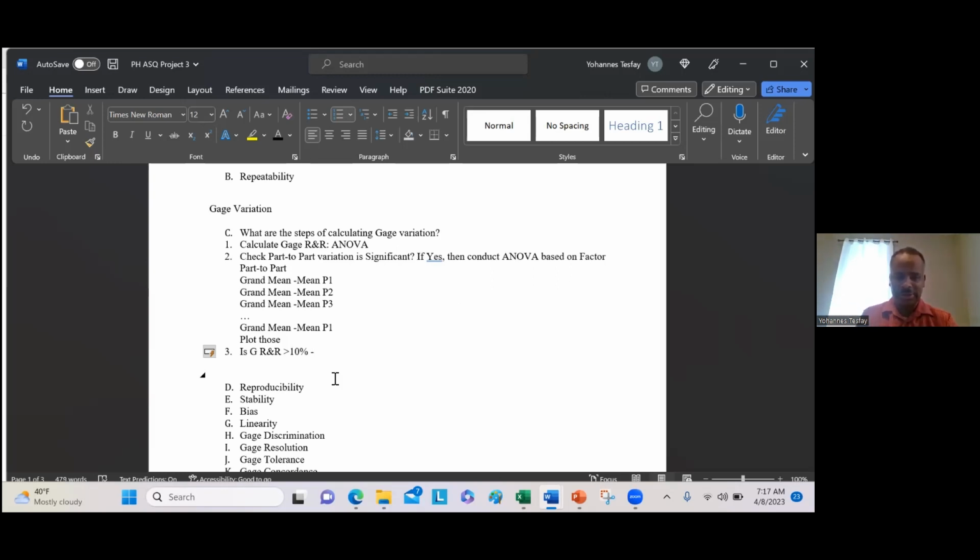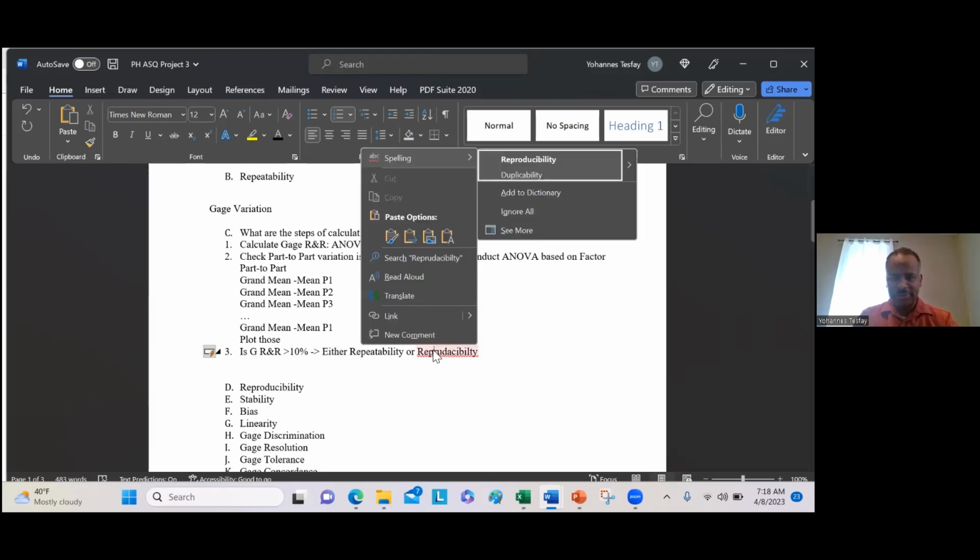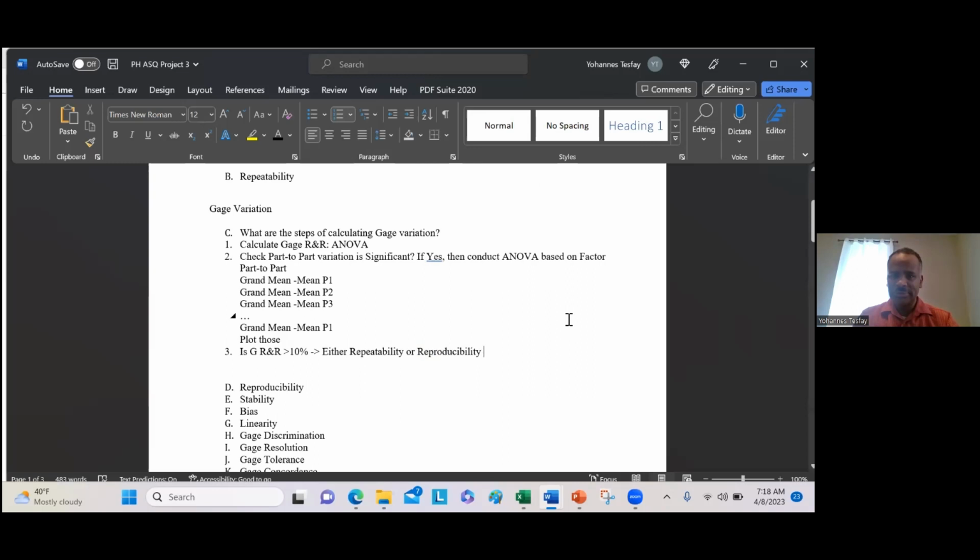This implies that either the repeatability or the reproducibility of the gauging system is inadequate.